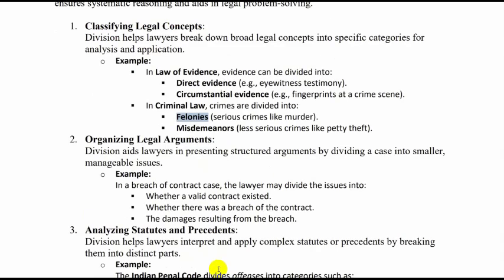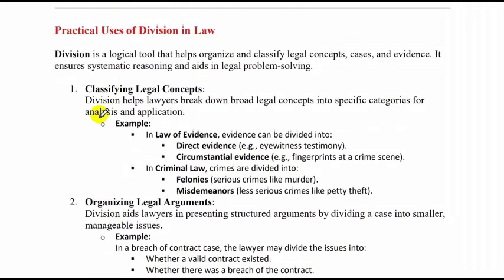So, in criminal law, we have crimes divided into felonies and misdemeanors, where misdemeanors are basically less serious crimes like petty theft or small crimes, whereas felonies are serious crimes like murder. These are the practical uses of division in law.